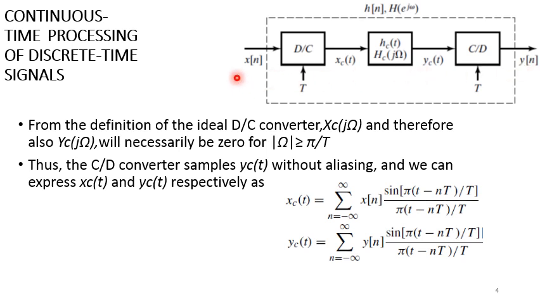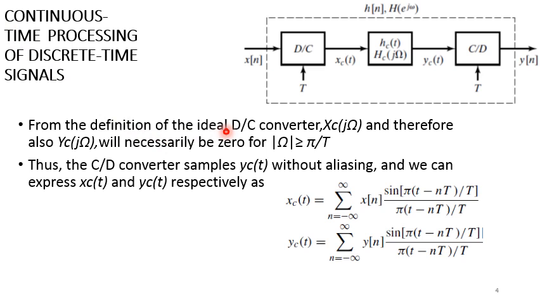So your input signal is discrete time and your output signal is also discrete time, because your system is continuous. So what you do is convert the input signal, which is discrete, into a continuous signal, process it using the continuous time system, and then convert the signal back to discrete time, so you obtain the output signal y[n].